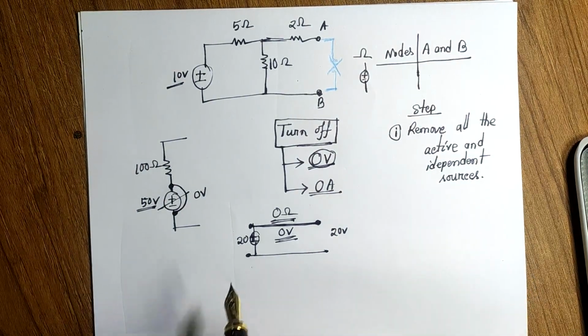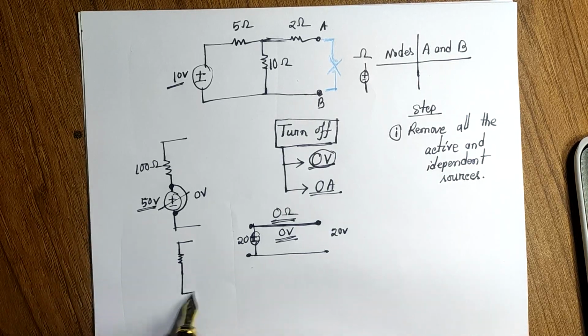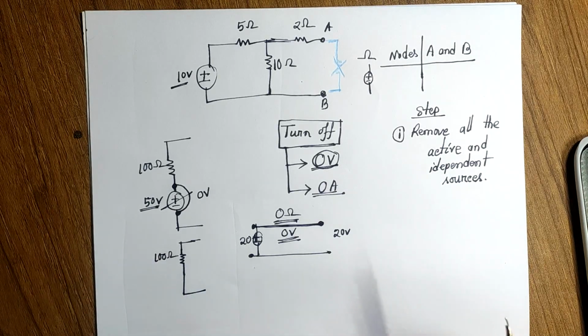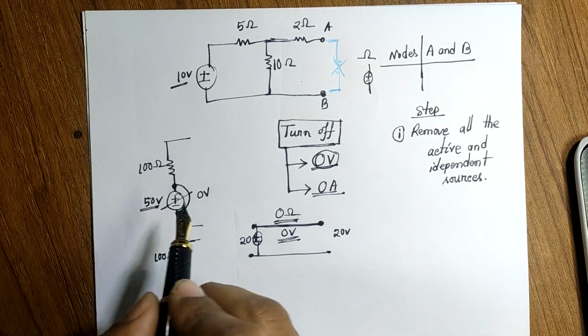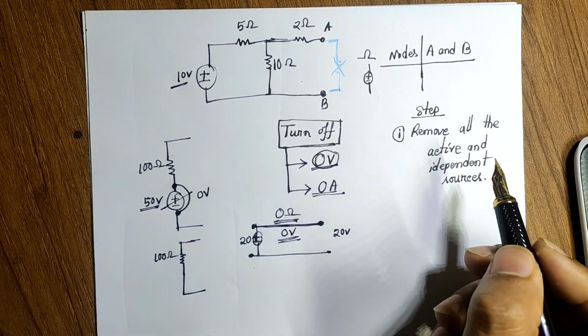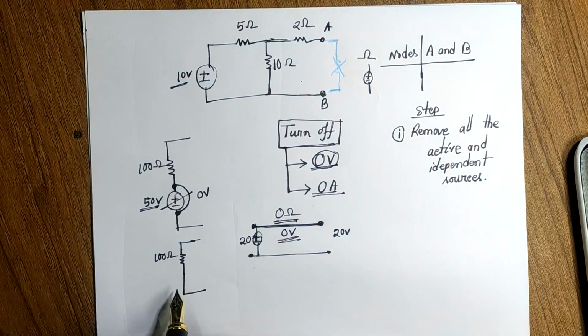That means we will replace this voltage source with a short circuit. That's all. So that's the way you set a voltage source to 0, or turn off a voltage source, to find the Thevenin's equivalent circuit. You have to replace the voltage source with a short circuit.